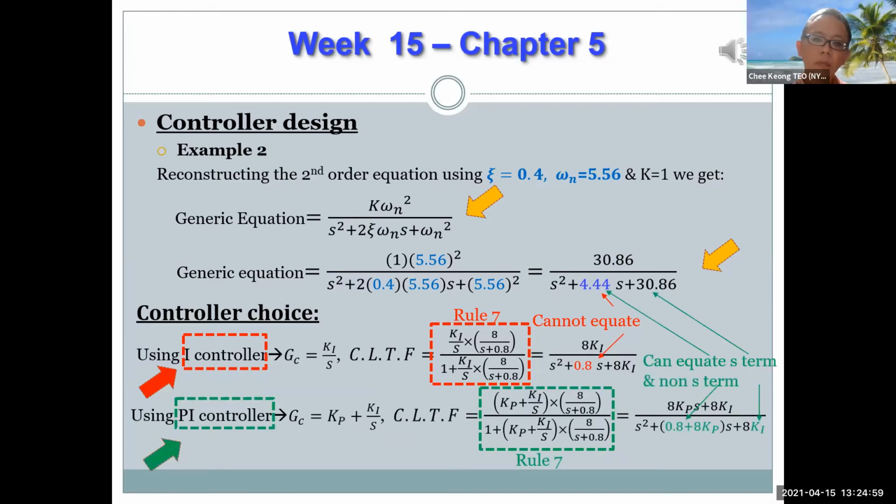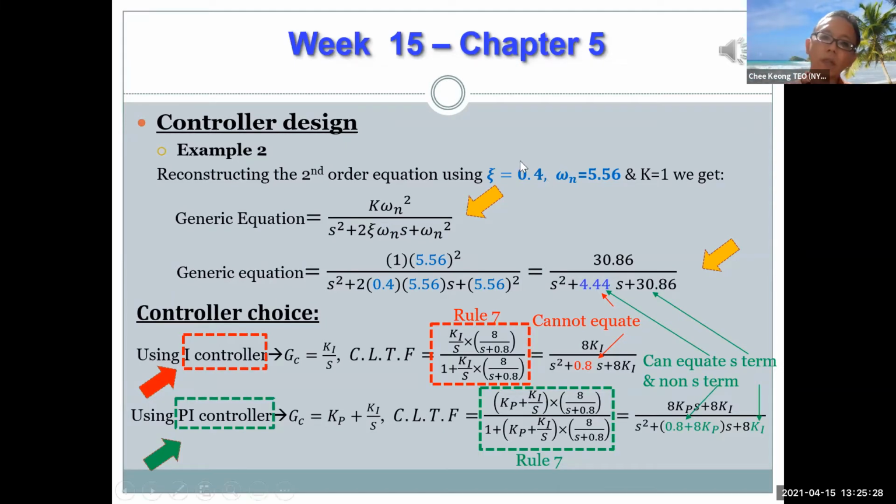If we proceed using a PI controller, again using Rule 7 in block diagram manipulation, we yield 8kps plus 8ki over s squared plus bracket 0.8 plus 8kp multiplied by s plus 8ki. Again comparing the closed-loop transfer function with the generic equation, we can now equate the s squared, s and non-s terms.